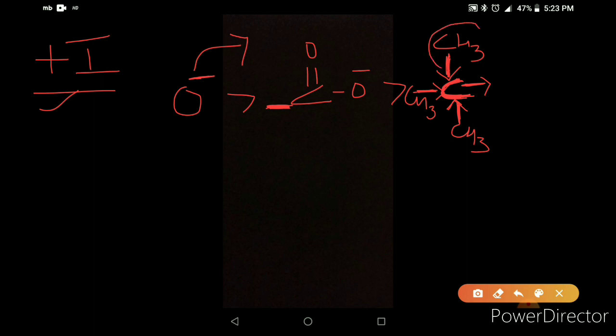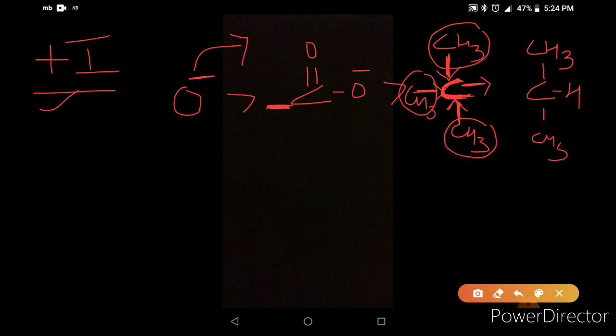So if there are three methyl groups with the center carbon, it is highly electropositive. If the number of methyl groups reduces, the electropositive character will comparatively reduce, as in the last case, where we have only 2 methyl. So 3 methyl with carbon is more electropositive, and 2 methyl with carbon is comparatively less electropositive.